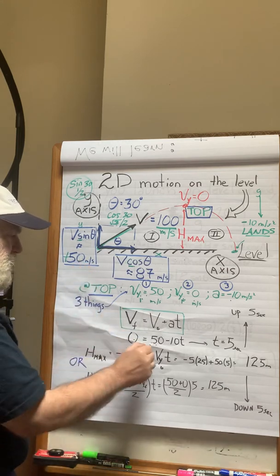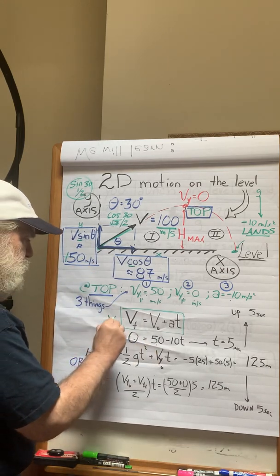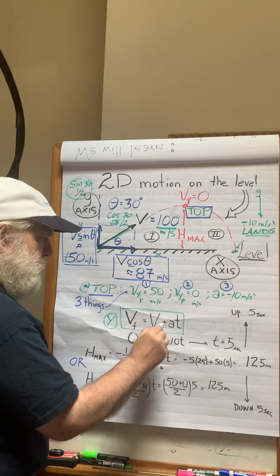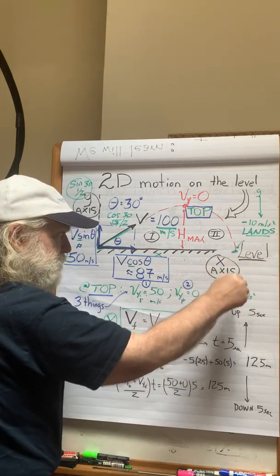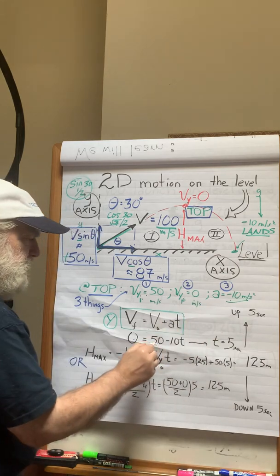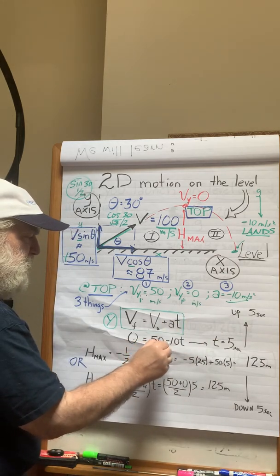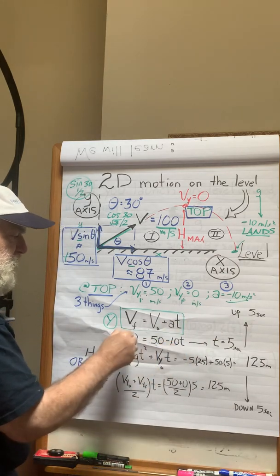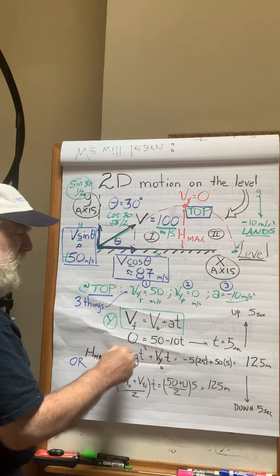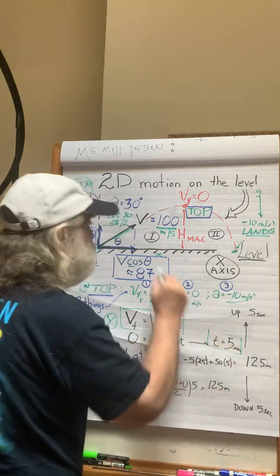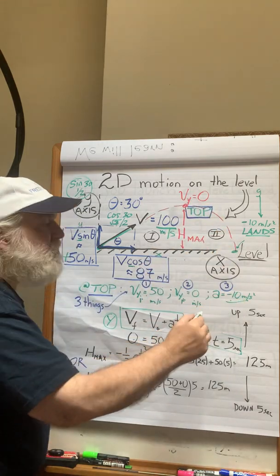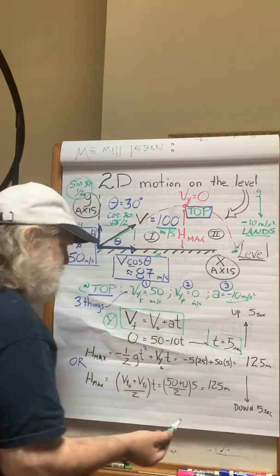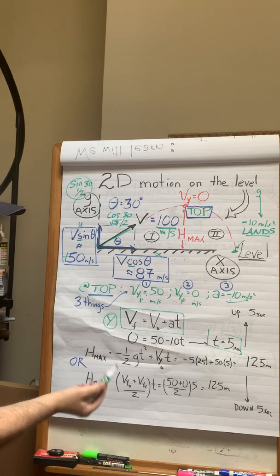V initial is 50 in the Y direction, I'm talking, and minus, because acceleration is negative 10, times time. So 0 equals 50 minus 10t. Move the 50 to the other side, divide both sides by negative 10. The time going up is 5 seconds. So the time coming down, by symmetry, is 5 seconds. The flight time is 10 seconds.